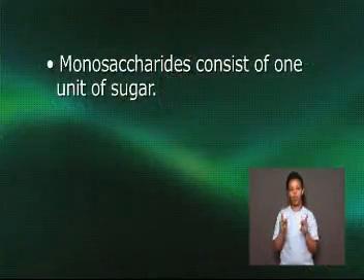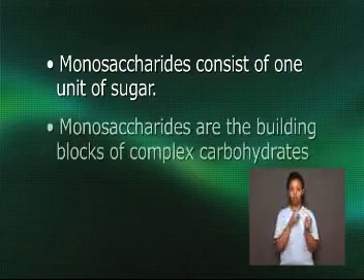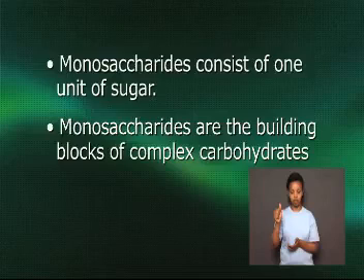Monosaccharides are the simplest carbohydrates that consist of only one unit of sugar. Monosaccharides are the building blocks of disaccharides, such as sucrose, and polysaccharides, such as cellulose and starch.